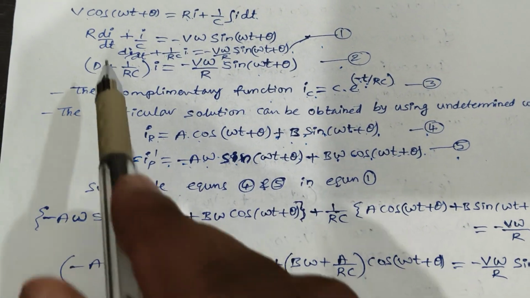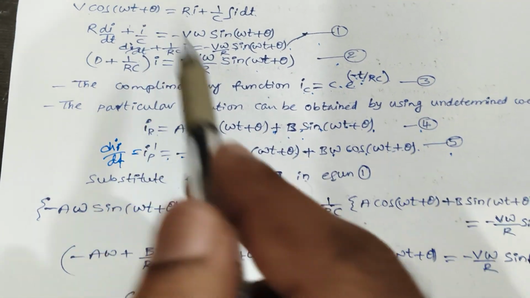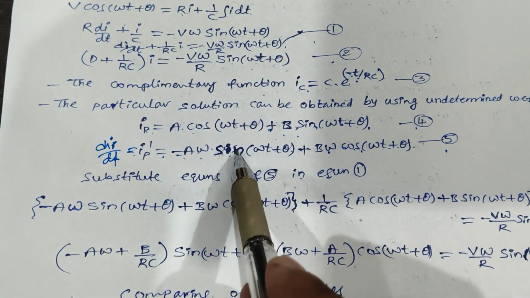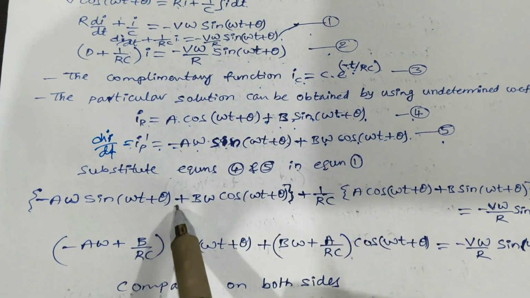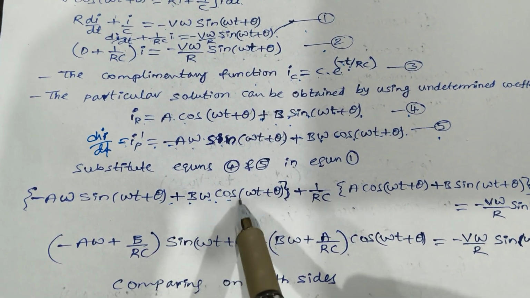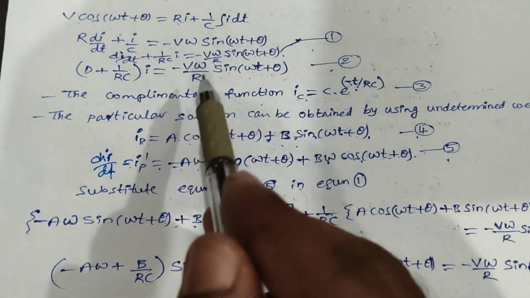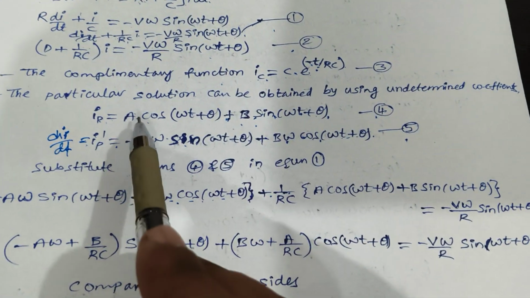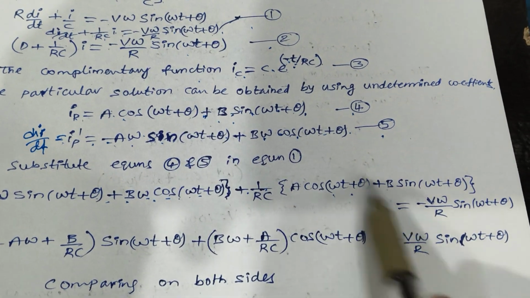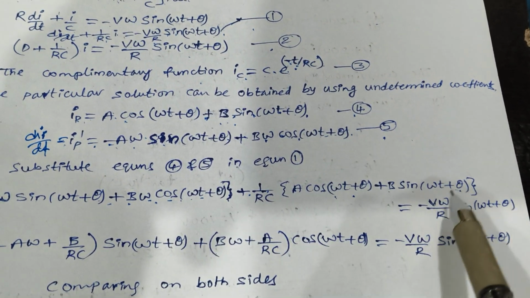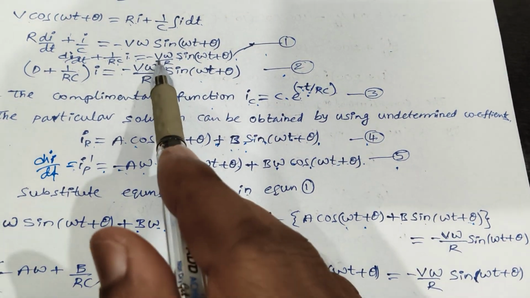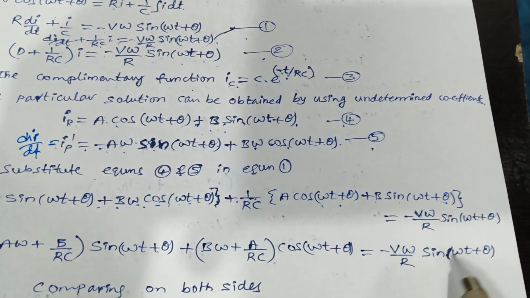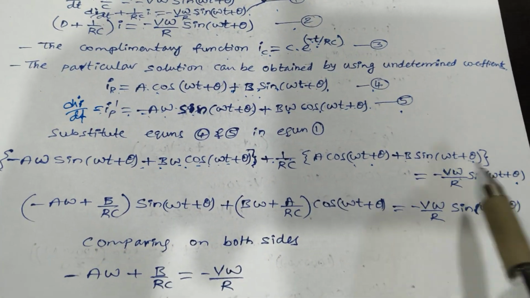So diP by dt, which is this one, minus a omega sin(omega t plus theta) plus b omega cos(omega t plus theta), plus 1 by RC into iP, which is again a cos(omega t plus theta) plus b sin(omega t plus theta), is equal to, on the right side, minus V omega by R into sin(omega t plus theta).